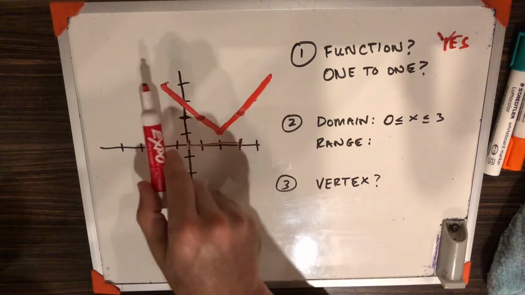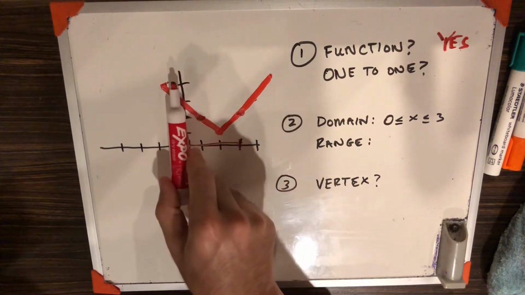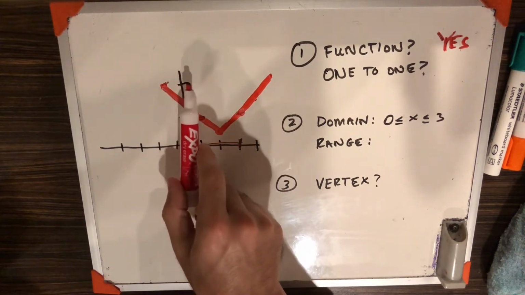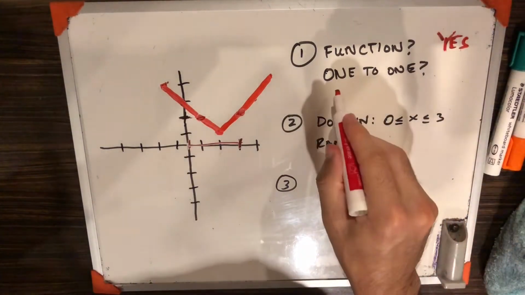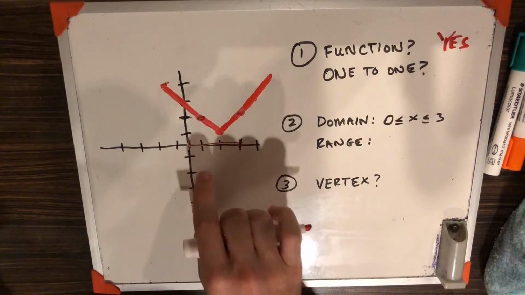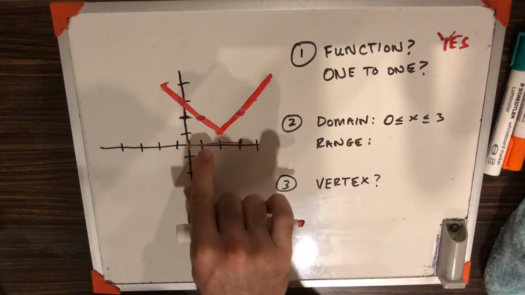You can also do your vertical line test. If I go from left to right, my red marker does not pass this absolute value at any point twice. So this would be a yes. Whether this is a one-to-one function, well, that's a bit different. For a one-to-one function, for every y value, there has to be one x value.